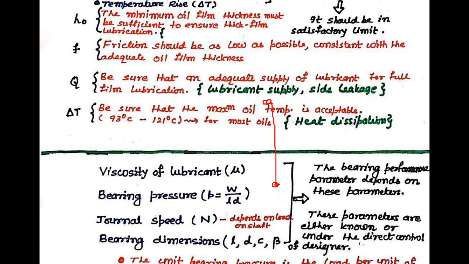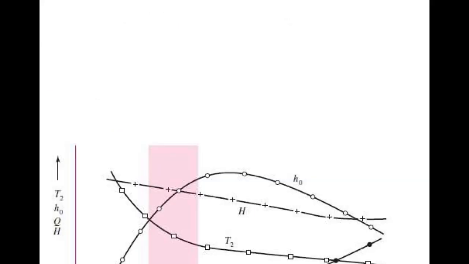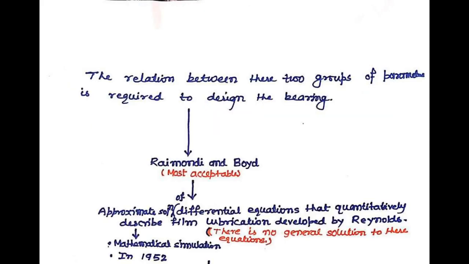To obtain the relation between these parameters and those parameters, several researchers, scientists and engineers have worked. The relation between these two groups of parameters is required to design the bearing. The most acceptable relationship is given by Raimondi and Boyd.